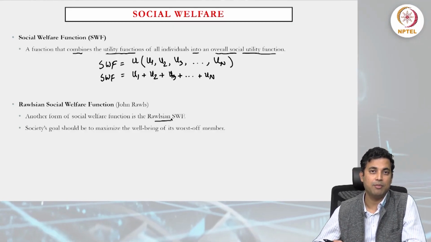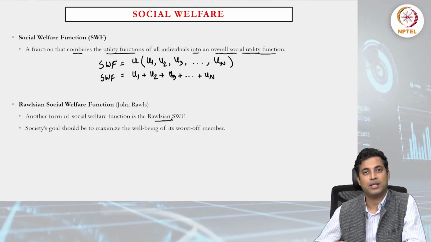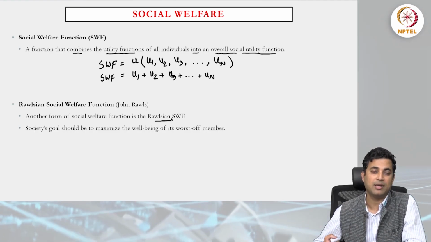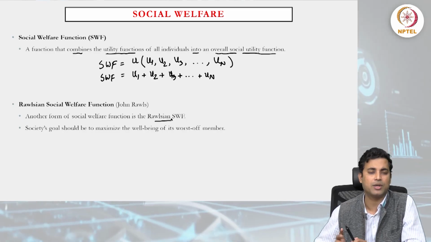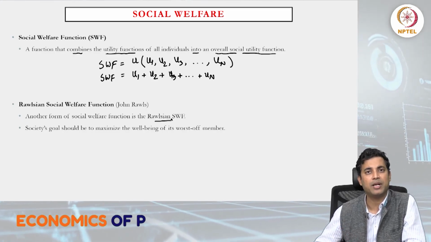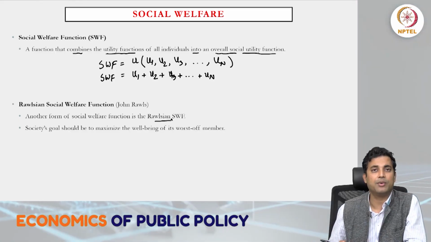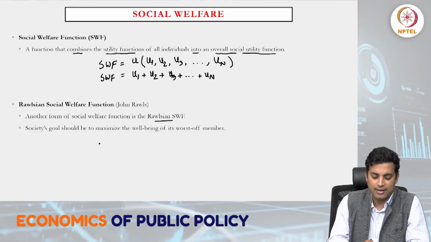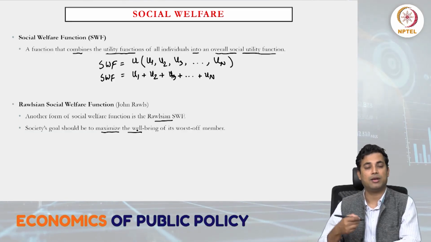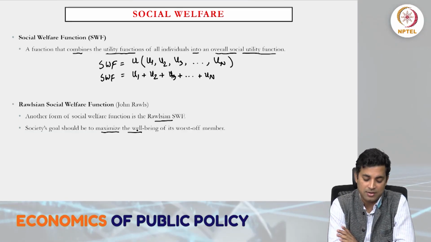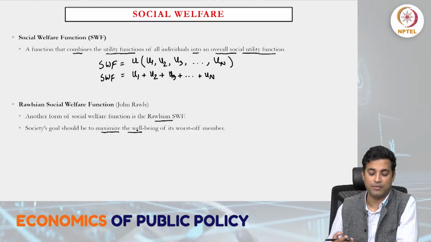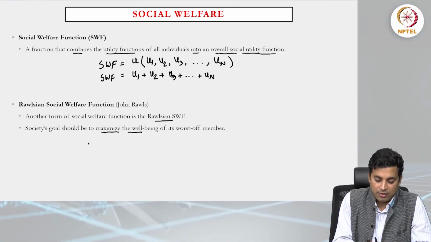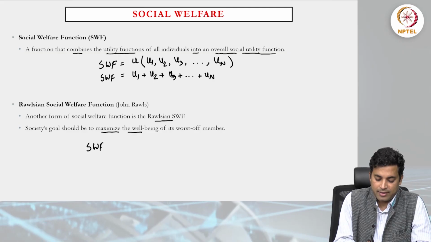In Pareto improvement, we also spoke about getting a better-off outcome without making anyone worse off. That is the Pareto improvement and Pareto efficiency concept. So here, what we get from the Rawlsian social welfare function is that, just like utility maximization, you maximize the well-being of its worst-off member.